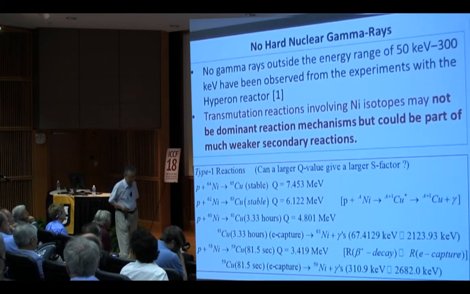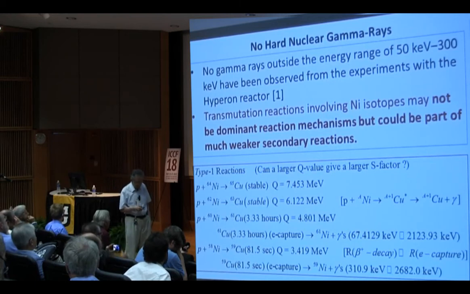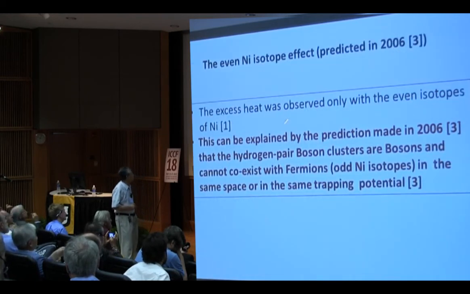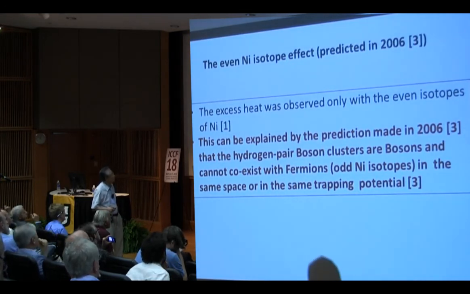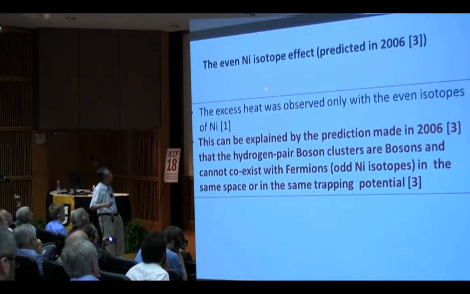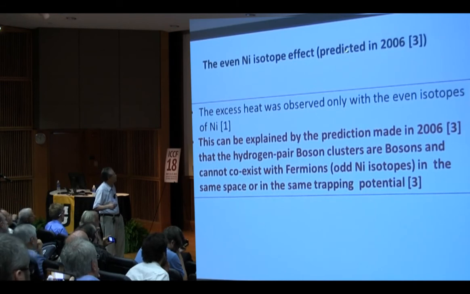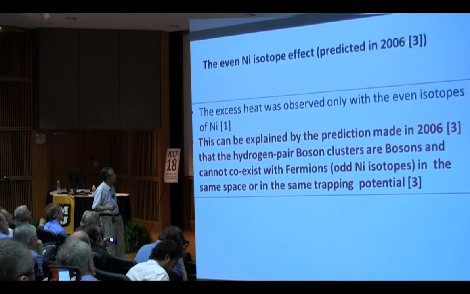So what else can you think of? Of course, this has to be tested experimentally. So this is my first conclusion. Not the first conclusion, I'm skipping something else here. Even the isotope effect was predicted in our paper in 2006.